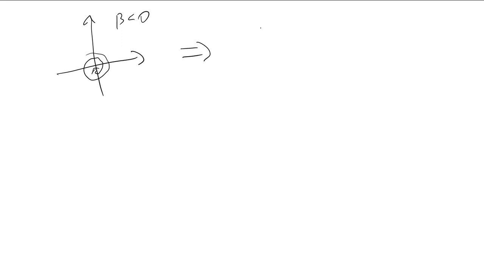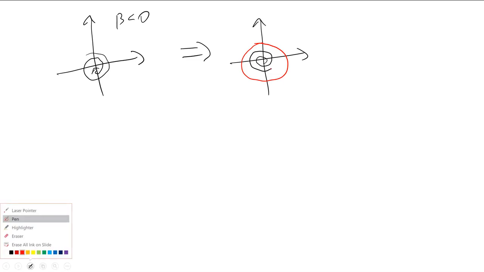Then when beta is positive, it becomes unstable, but in addition we get a limit cycle, let's say this. So there is convergence from outside and from inside.